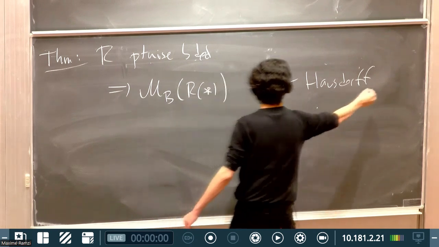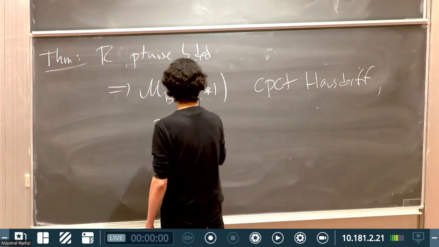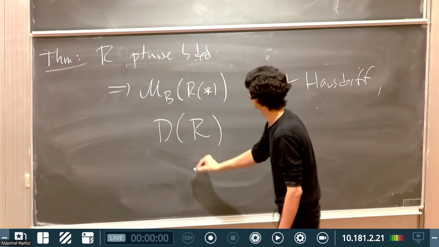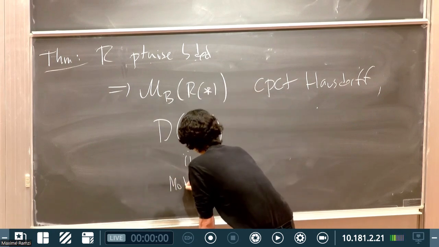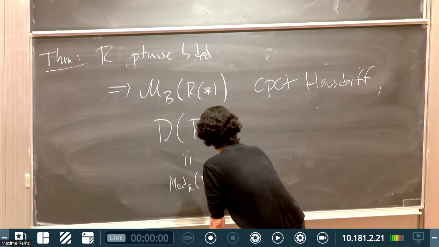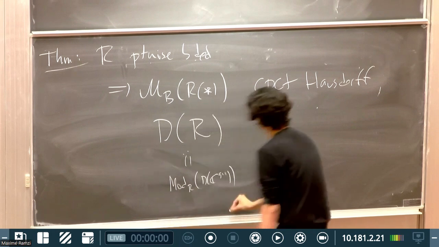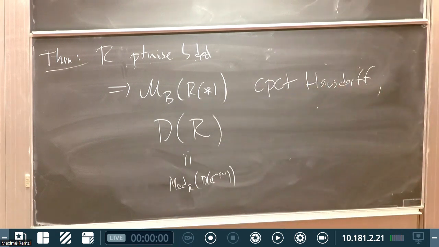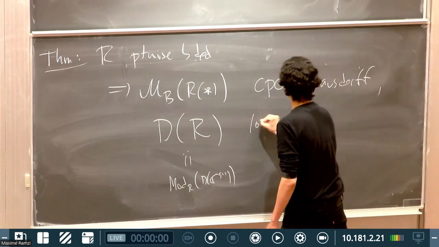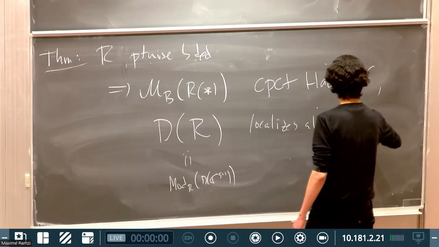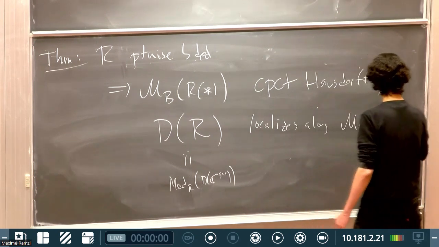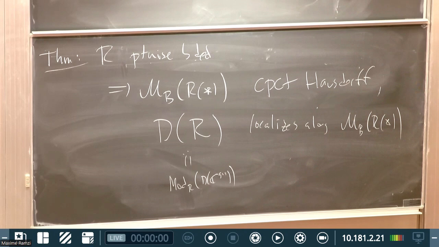And I'm going to say that, I want to introduce this notation. So this is R modules in derived gaseous. This localizes along MB of the underlying abstract C algebra.